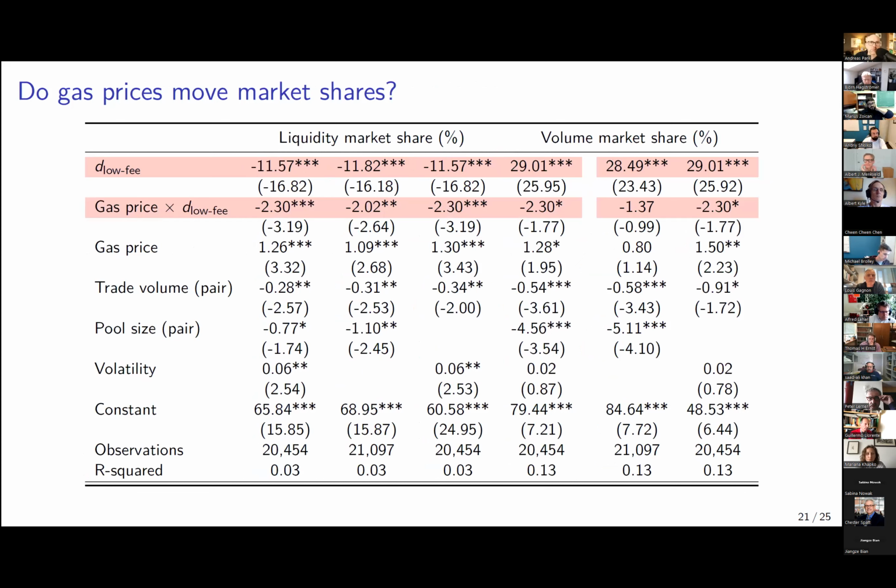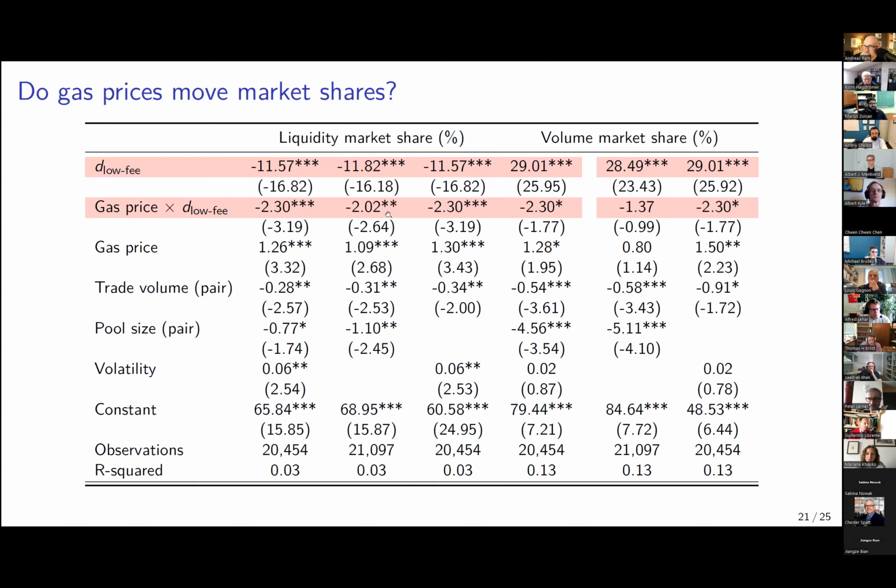Now the question is whether this effect is driven indeed by the fixed costs. So to do that, we're looking basically at the time variation in gas prices and the liquidity and volume market share. So first, we reconfirm that there is this mismatch between liquidity and volume market shares. The low fee markets have 12 percentage points lower market share in liquidity terms than the high fee pools, but they trade 30% more.